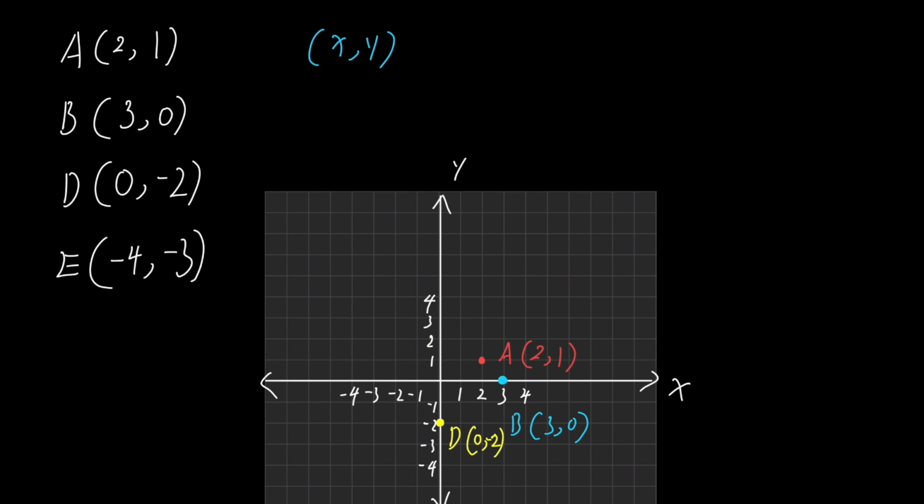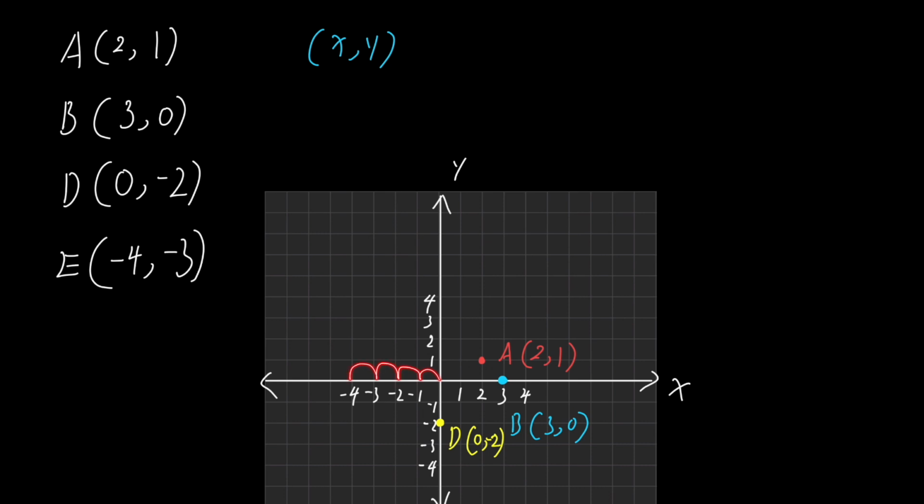Last one is -4 comma -3. The x value is -4, so we start from 0 and move to the left, since that's negative, left 4 units, 1, 2, 3, 4.